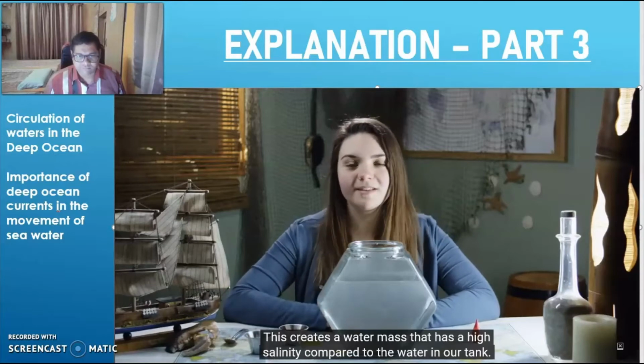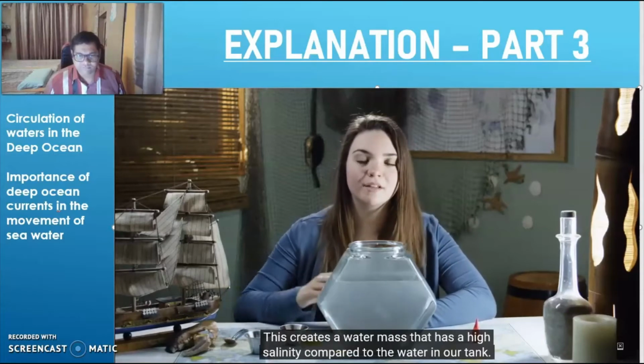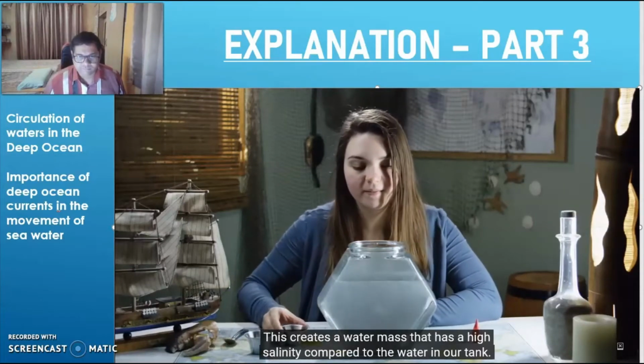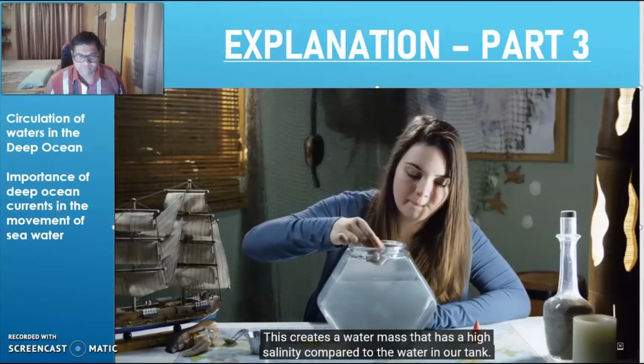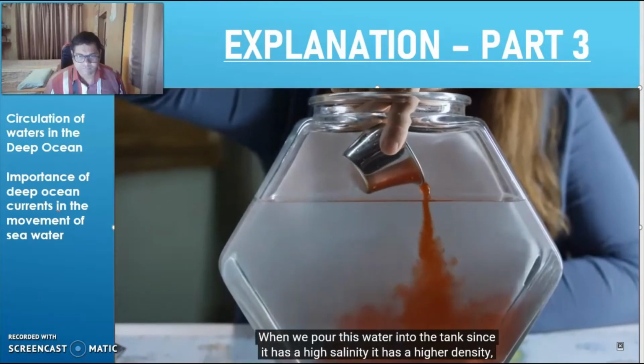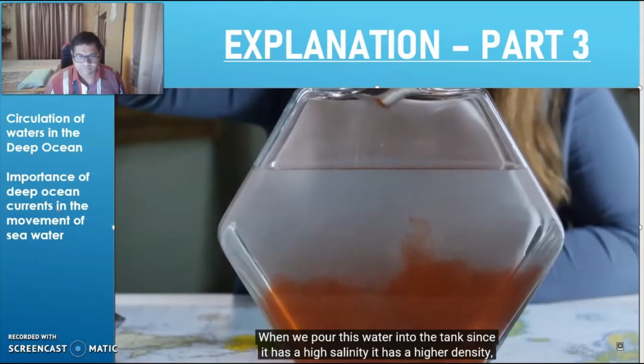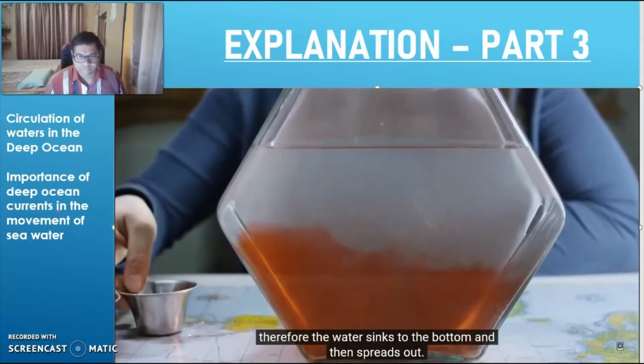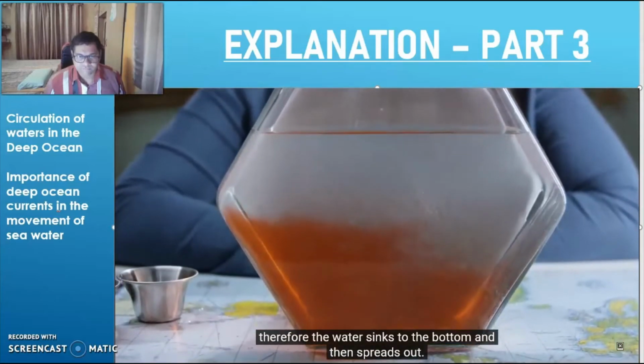This creates a water mass that has a high salinity compared to the water in our tank. When we pour this water into the tank, since it has a high salinity, it has a higher density. Therefore, the water sinks to the bottom and then spreads out.